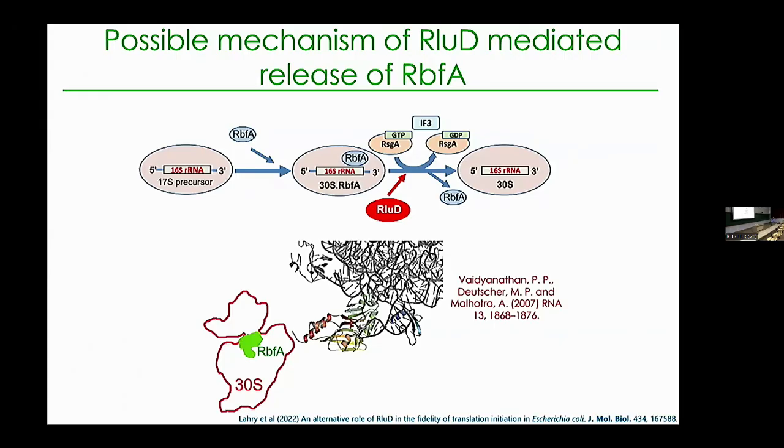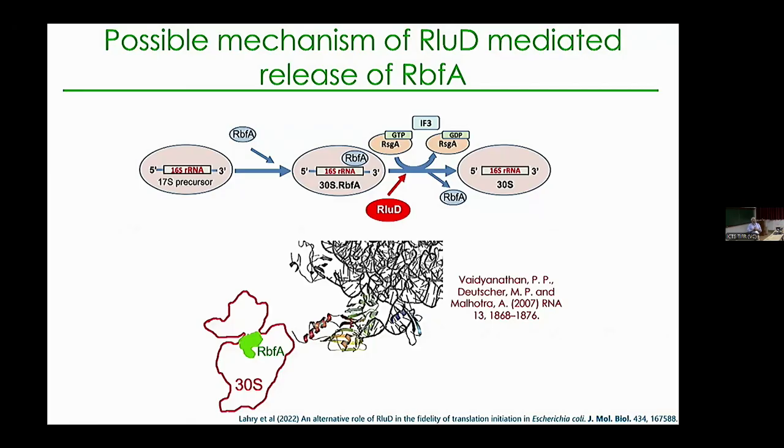And when this helix has to dock onto the place, helix 44 is covered by RBFA. So when this is trying to join here, both the proteins probably leave. Only a hypothesis. We have not shown it. But this RLUD remains there for some time.